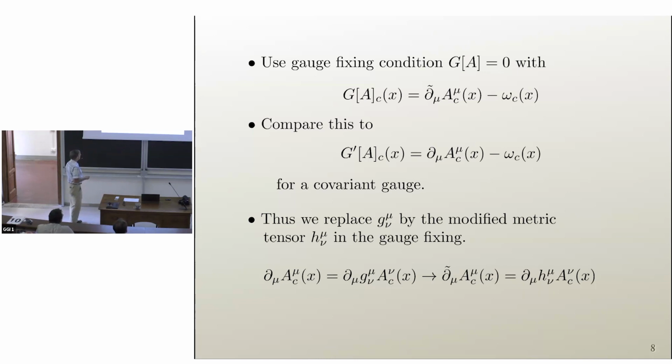So what you've done is you've taken ∂_μ g^{μν} A_ν and changed it to d tilde_μ A^μ, which is ∂_μ h^{μν} A_ν. So you've stuck a different metric tensor into that relation.